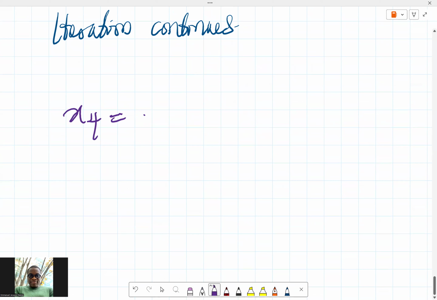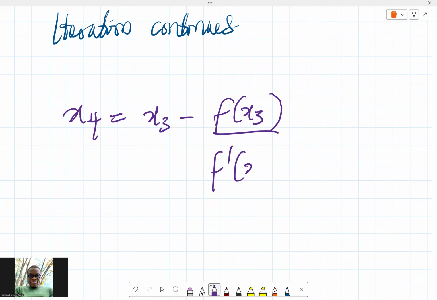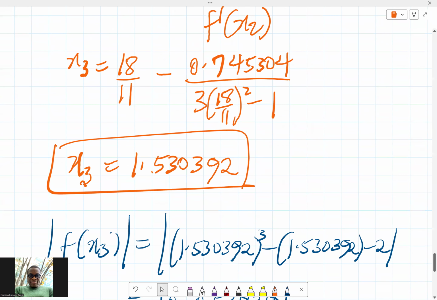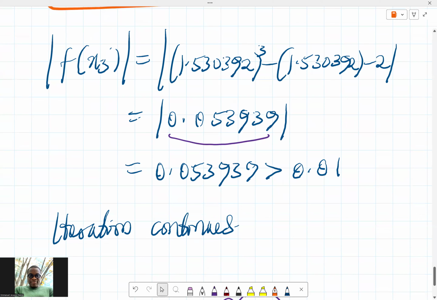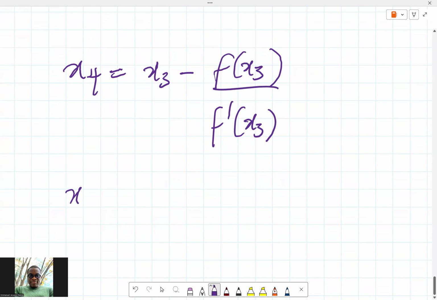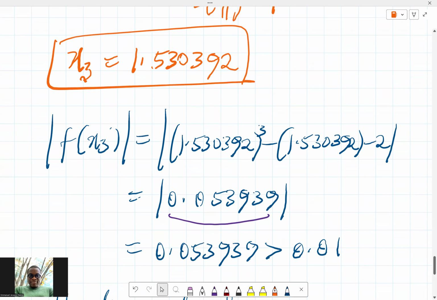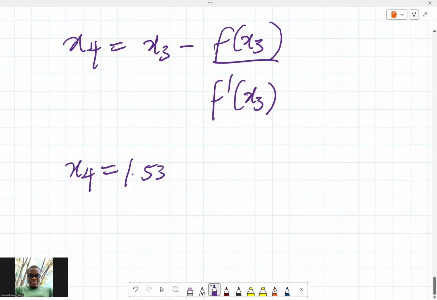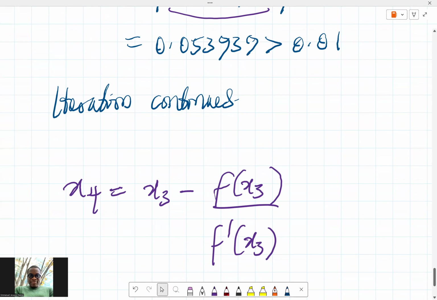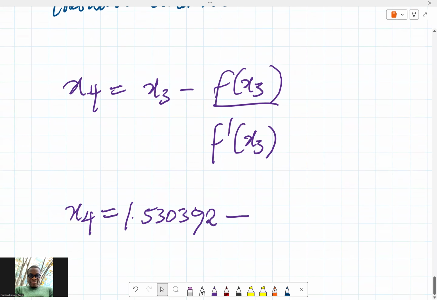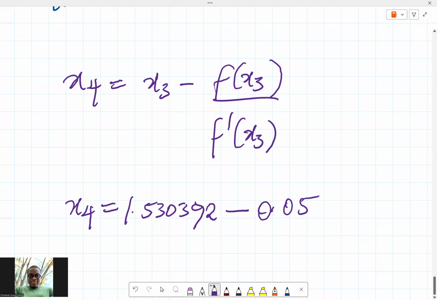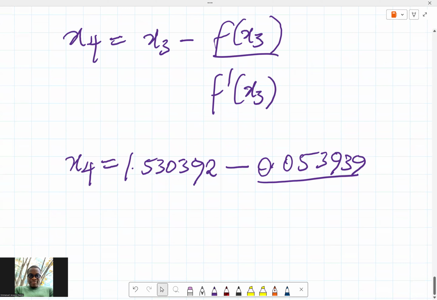So x4 is equal to x3 minus f of x3 all over f prime of x3. Don't forget that we already found f of x3, so you can just import that in here. So x4 is equal to x3, which is 1.530392, minus f of x3, which we found up there, 0.053939, divided by f prime of x3.